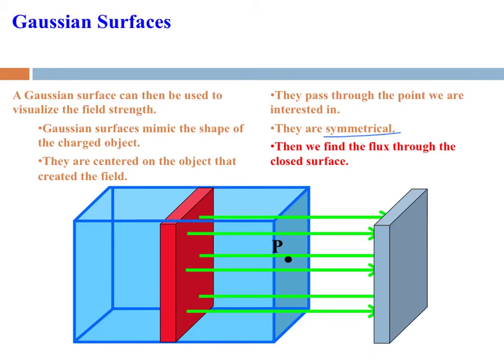Now, this part that says the Gaussian surfaces mimic the shape of the charged object, this means that for whatever Gaussian surface you're trying to create, you want it to mimic the electric field. Now, for the most part, you get to decide what your Gaussian surface is going to look like. But in some problems, you might actually be told what your Gaussian surface is, so you're going to have to work with that. But these problems don't come up as often.